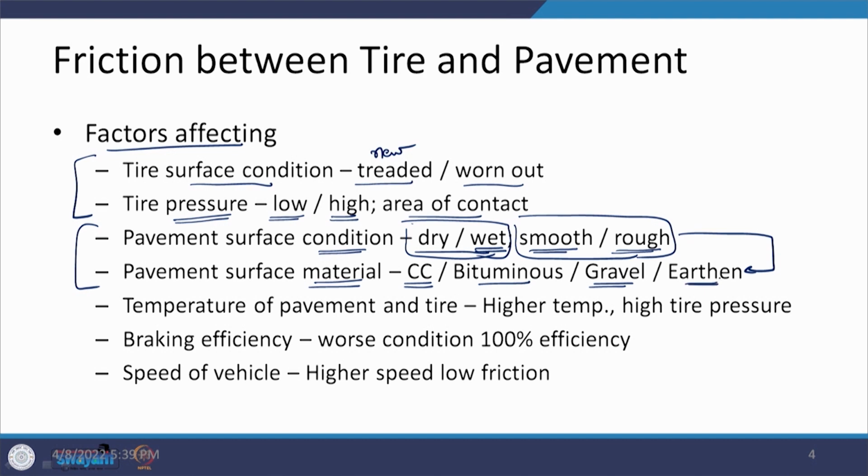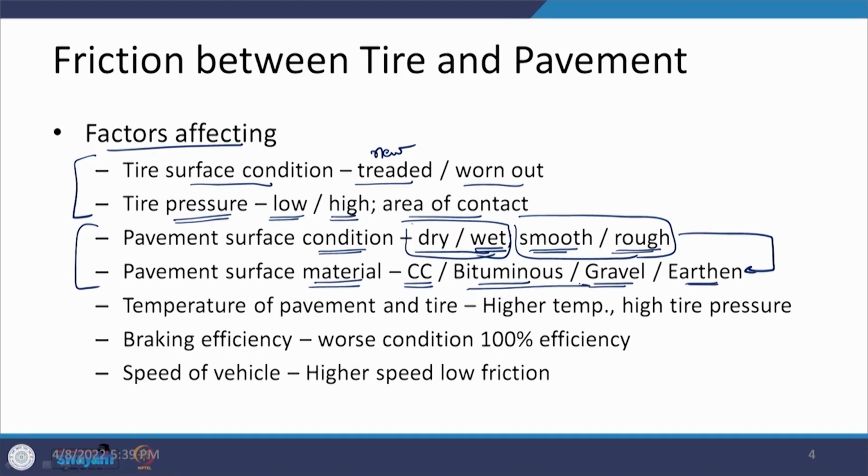Now, in all of these cases also, if we assume everything is ideal, everything is good, they are all new, then again you will find that the friction is going to change with respect to these types of surfaces. So, the CC pavement is going to provide a smoother surface as compared to the bituminous one, where there is a possibility of the aggregates protruding out of the surface and thus creating friction in the surface.